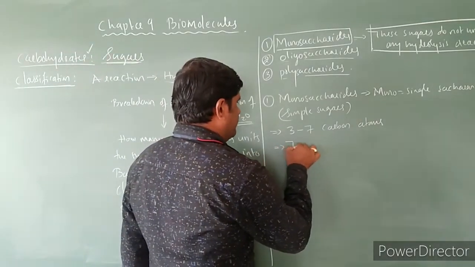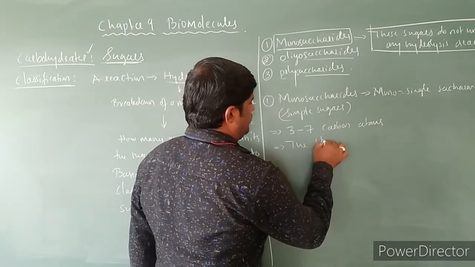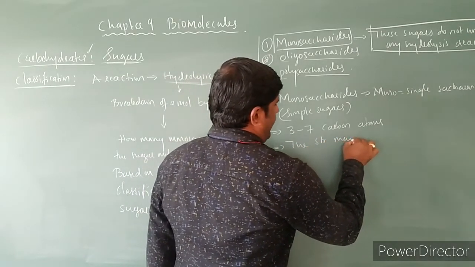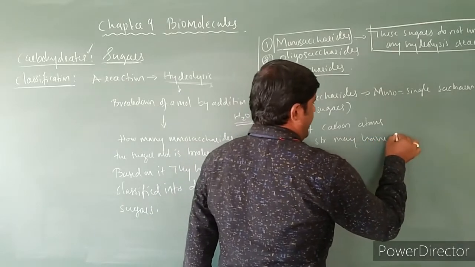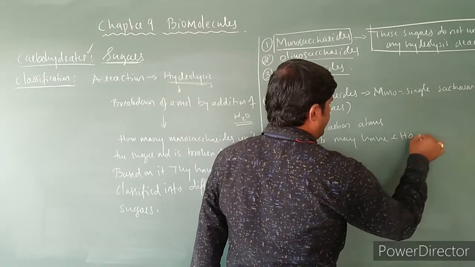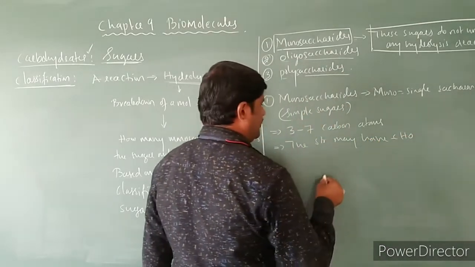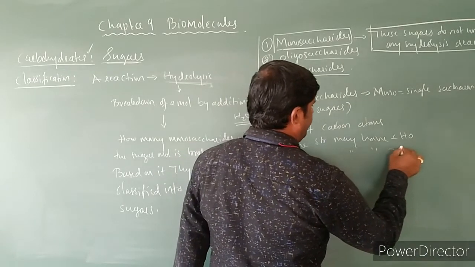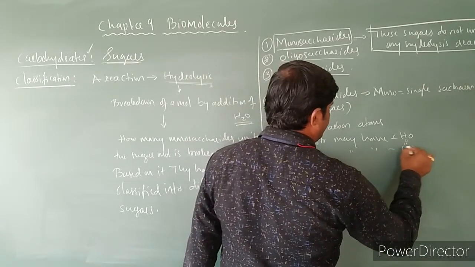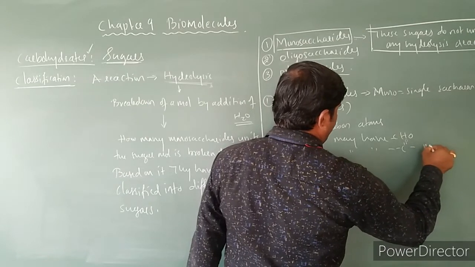The structure may have an aldehyde group on the terminal part, and they may have a keto group at the middle part.